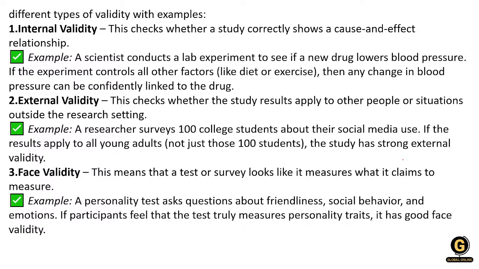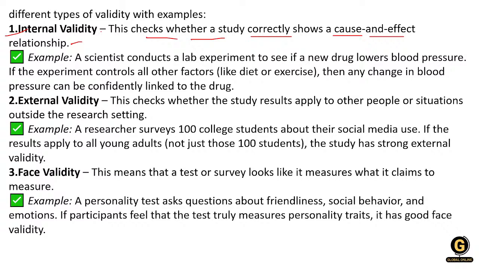Different types of validity with examples. Internal validity: what is it? This checks whether a study correctly shows a cause and effect relationship. If it is internal validity, it only checks the exact cause and effect relationship in the study.